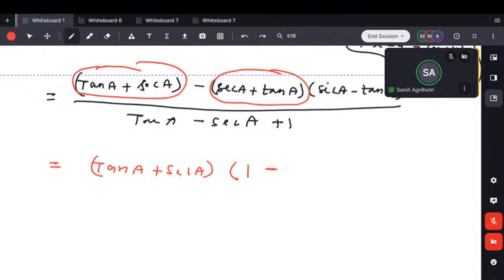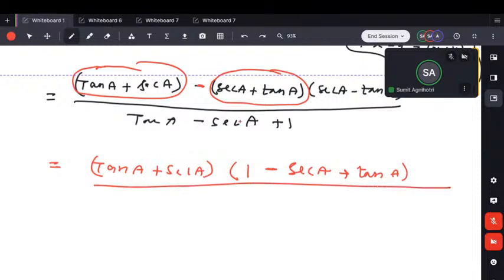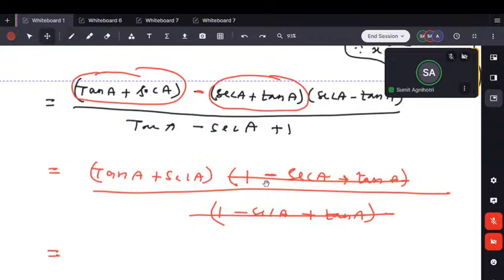That's why minus will be distributed with this sec A, and this minus will be distributed with this minus tan A, that becomes plus tan A. And what you have in the denominator is 1 minus sec A plus tan A. The same thing is there in the denominator. That's why you can cancel them out, and you are left with tan A plus sec A. Do we get this RHS? Let's see.